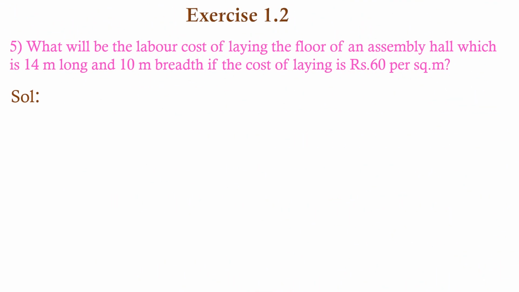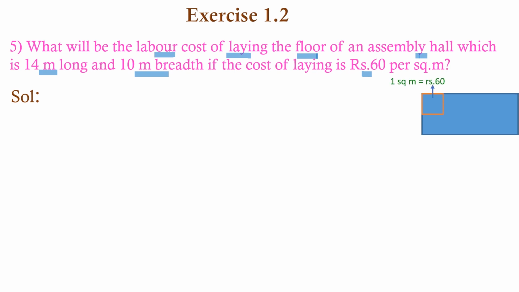Fifth sum. What will be the labor cost of laying the floor of an assembly hall which is 14 meter long and 10 meter breadth if the cost of laying is 60 rupees per square meter? See here, there is one assembly hall and we have to lay the floor for that hall, and the labor cost of flooring 1 square meter equal to 60 rupees.